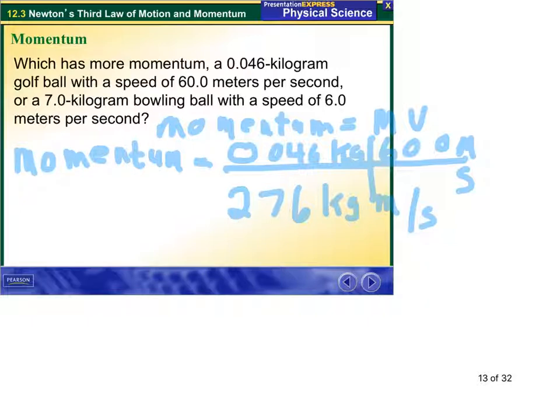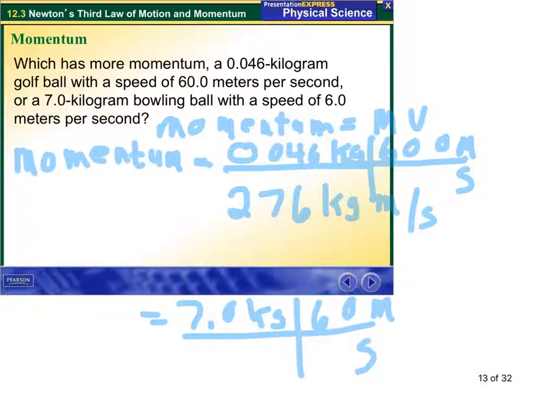And for the other one, momentum is going to be 7.0 kilograms times 6.0 meters per second. 7 times 6, 42 kilograms meters per second.